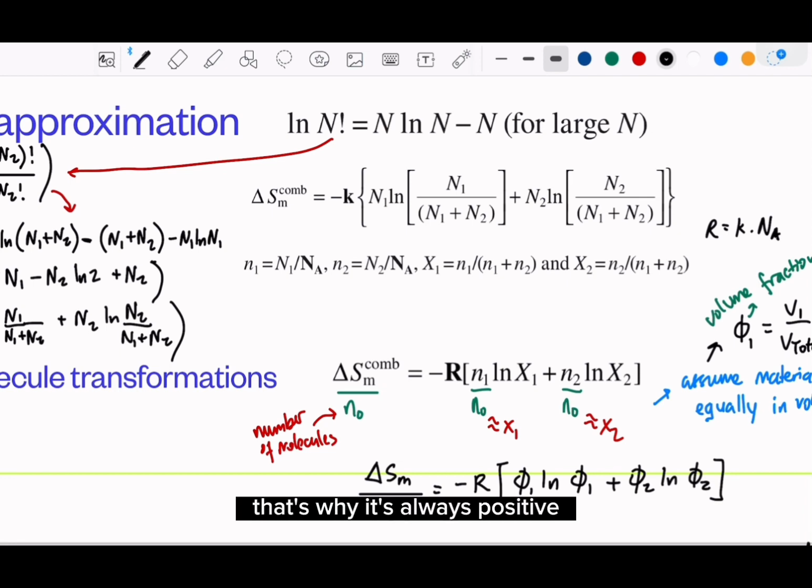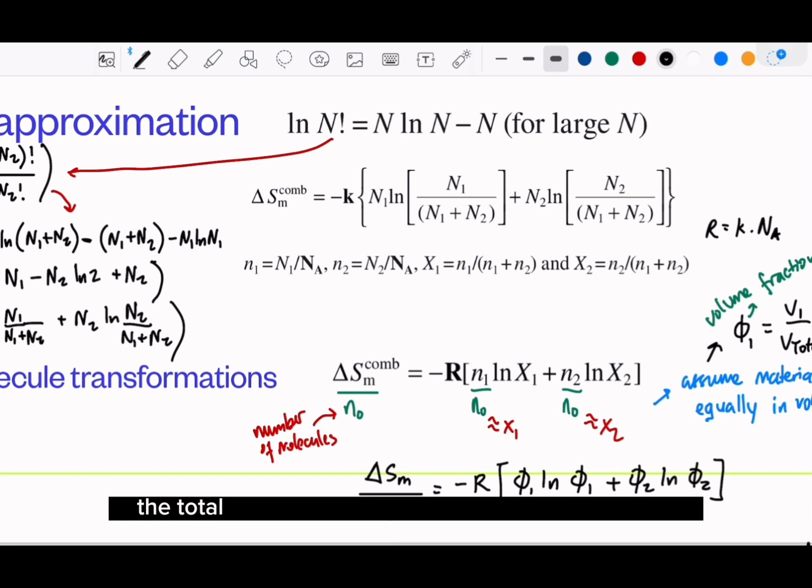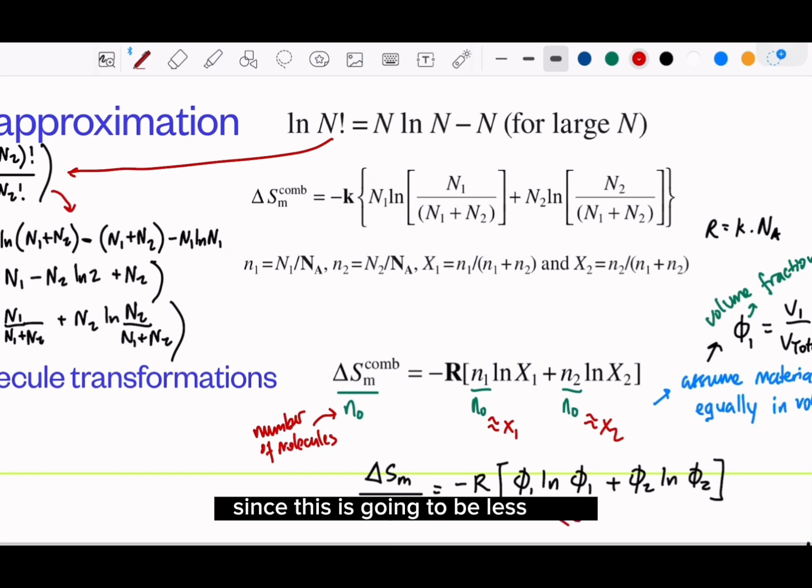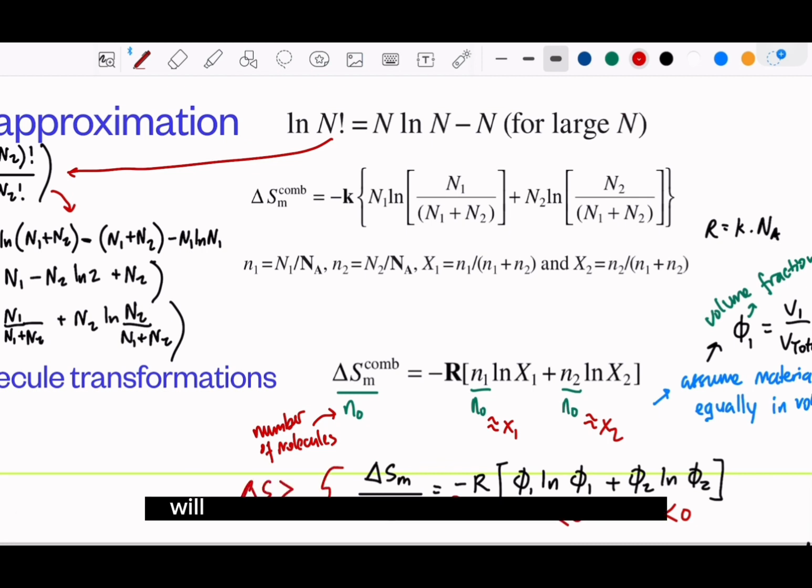No matter how you interact, how you make the path, how many microstates you might have, the total delta S is simply a positive value. So since this is less than 0, and we have negative here, we can simply write that delta S will always be positive from this point of view.